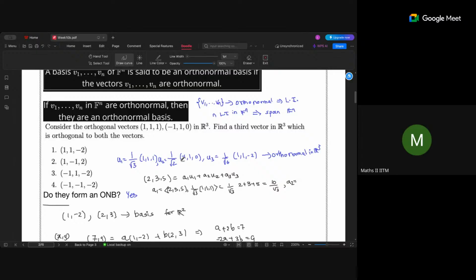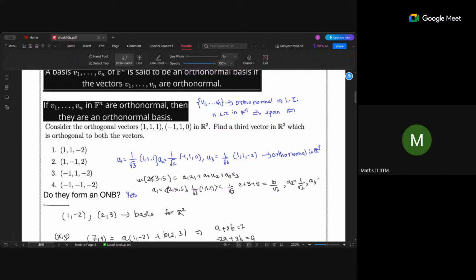For A2, the inner product of this vector, let's say this is some u, with u2. The answer is 1 by root 2 times minus 2 plus 3, which is just 1 by root 2. Correct? What is A3?